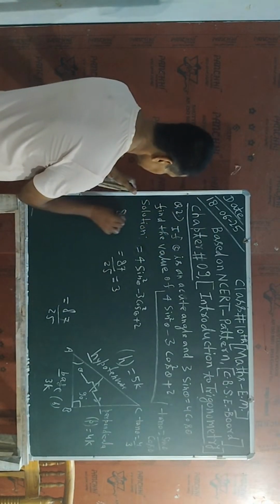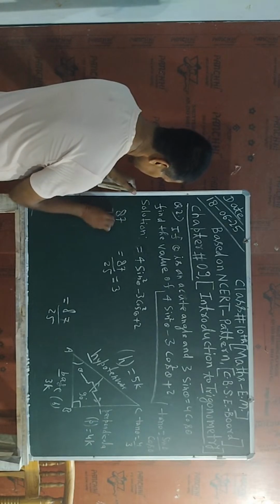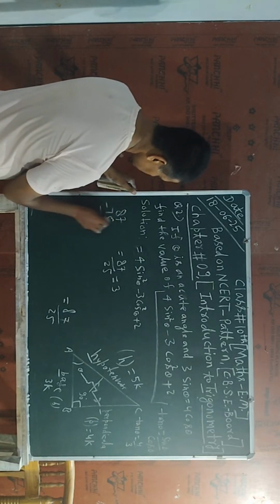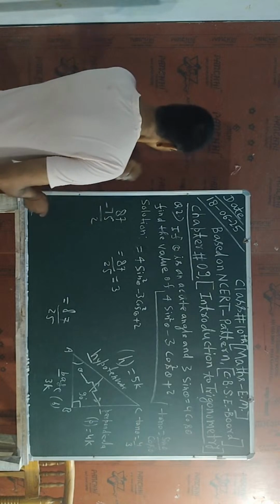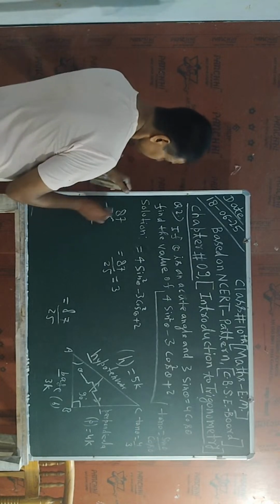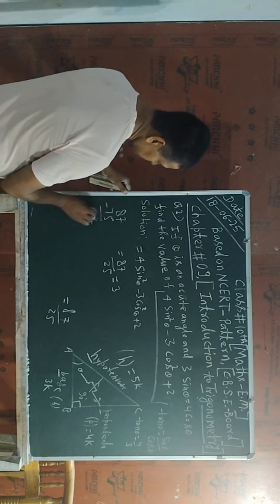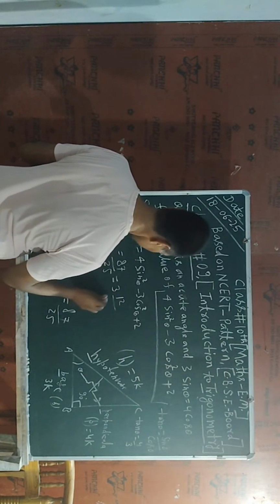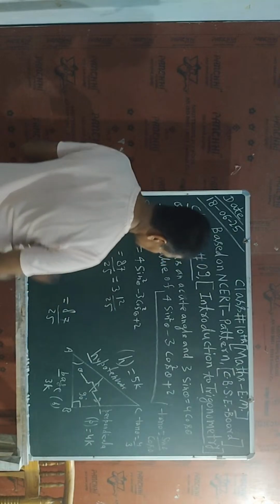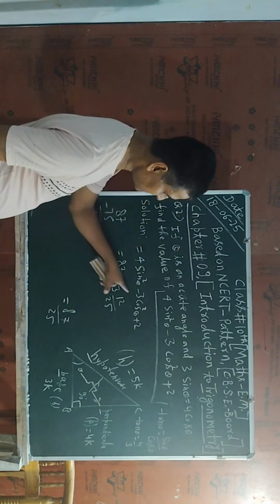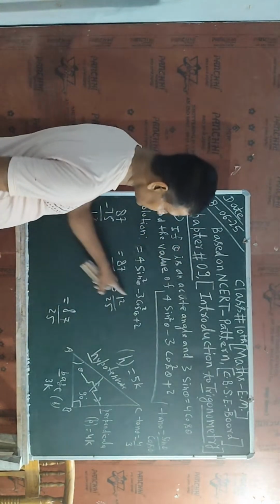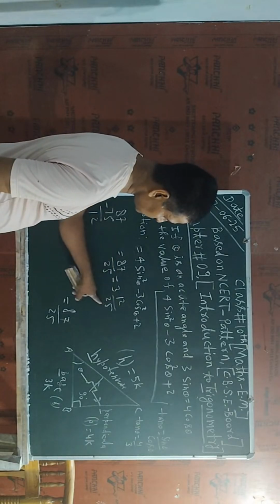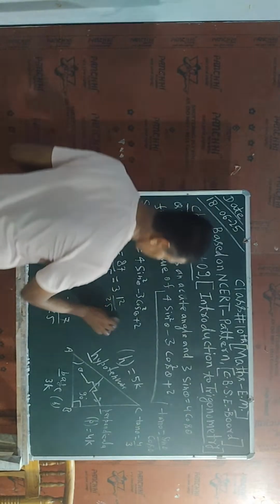So 87 minus 75, this will be 12. So here I will write 3 and 12 divided by 25. So this value I can arrange like this: 3 and 12 divided by 25. This is the answer of my question.